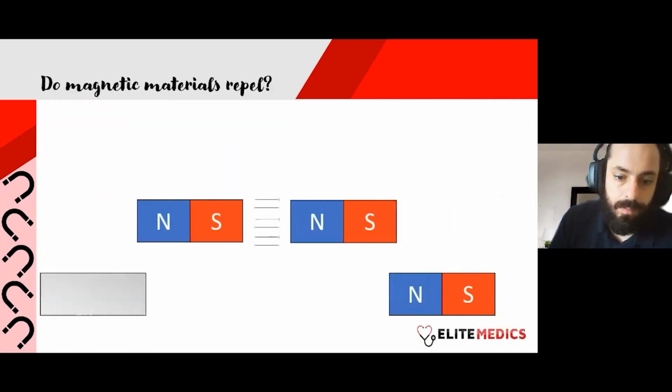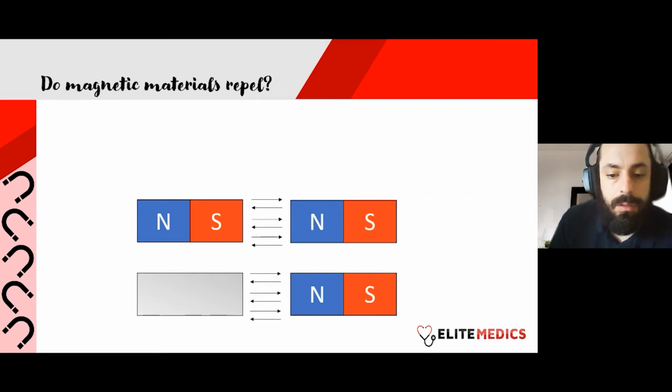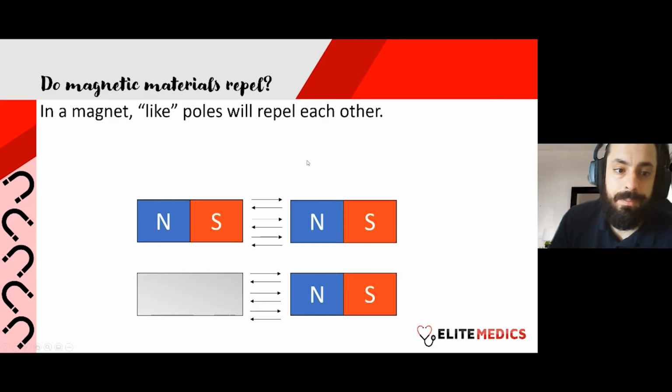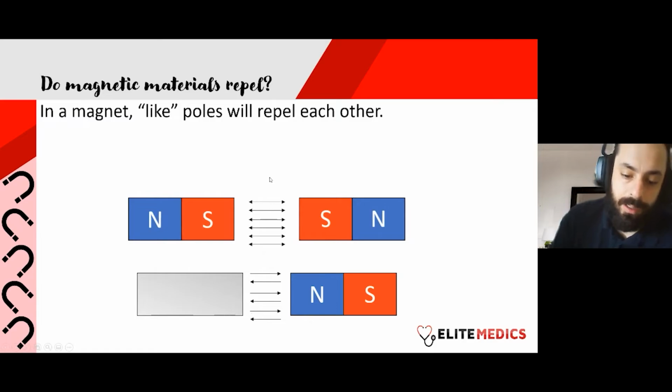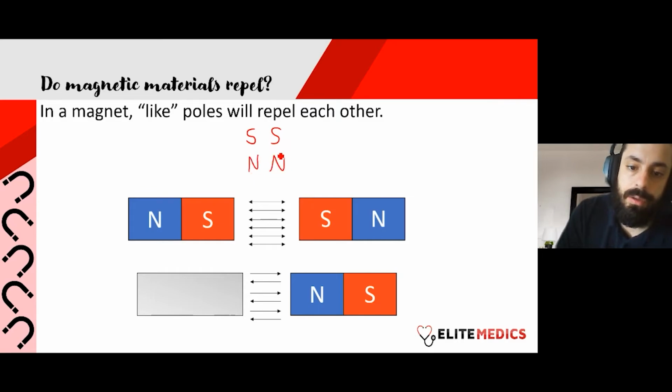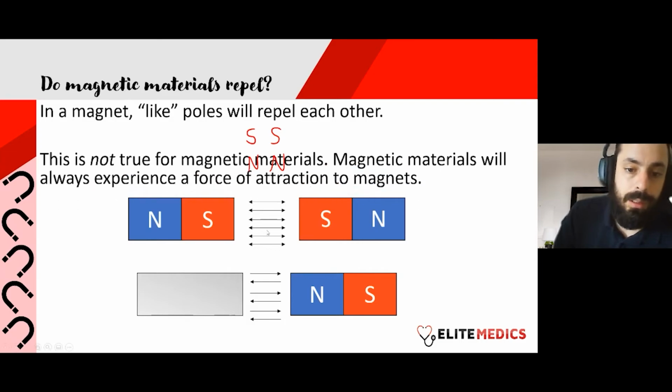Now, do magnetic materials repel? Well, quick answer is no. Magnets can repel each other if you put like poles together. So remember, south and south, and north and north. But a magnetic material will be attracted to both the North Pole and the South Pole.